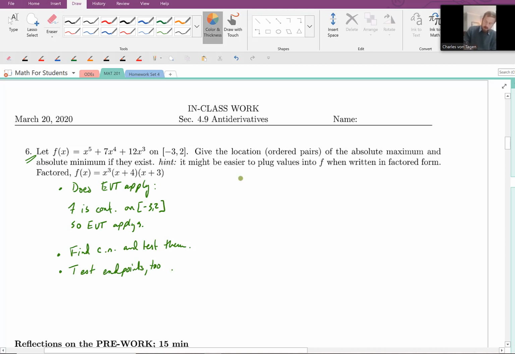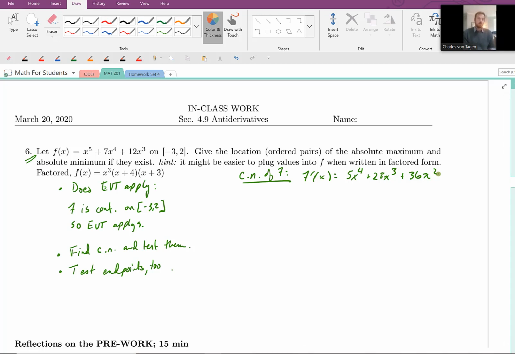So let's go look for your critical numbers. To find the critical numbers of the function f, what am I going to do? I'm going to take its derivative, and in this case f prime of x is equal to 5x to the 4th plus 28x cubed plus 36x squared, and I'm going to look for where this derivative is either 0 or where it's undefined.